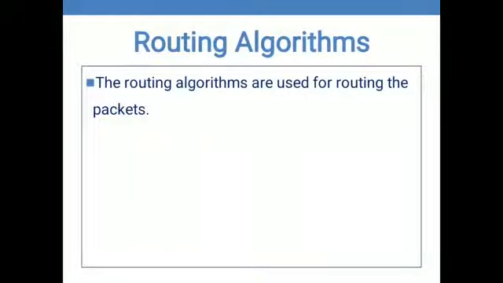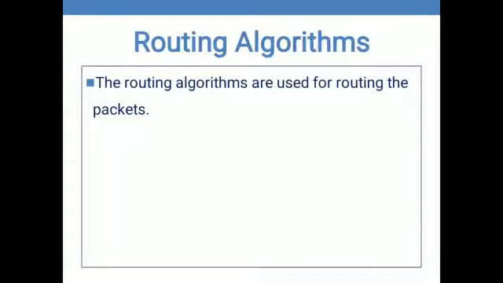Based on these addresses it will find the best path, because if the address is known, then it will know how to move from one node to another, and which intermediate nodes exist between the source and destination.